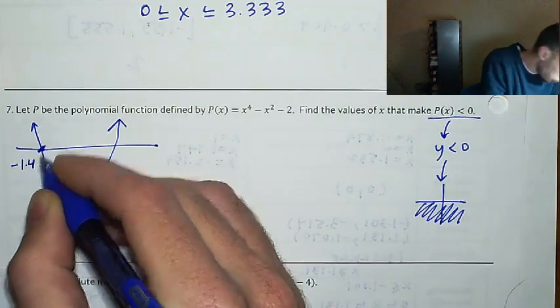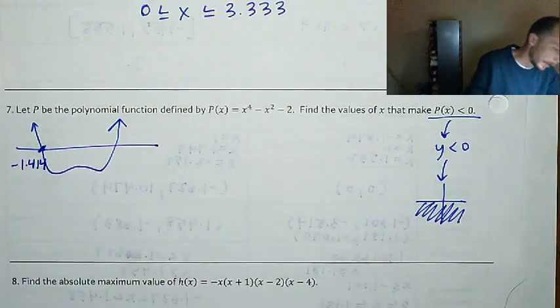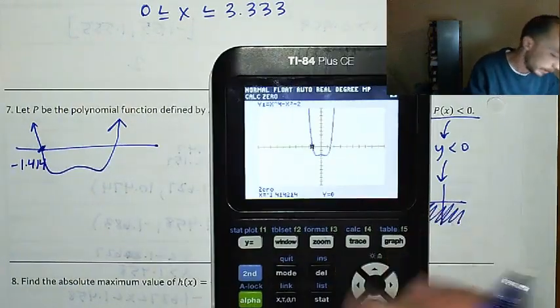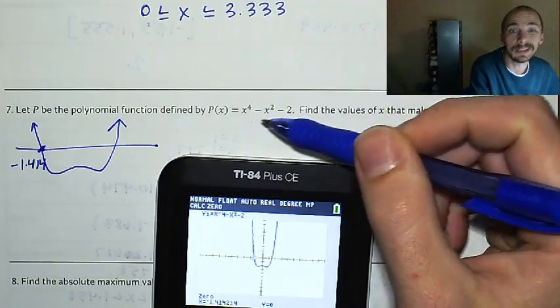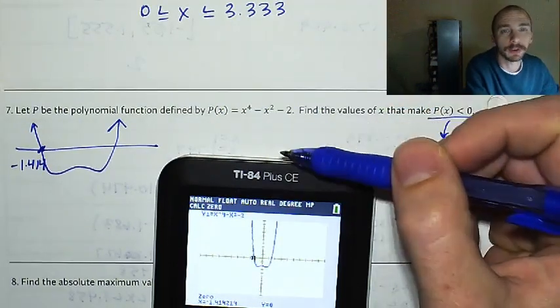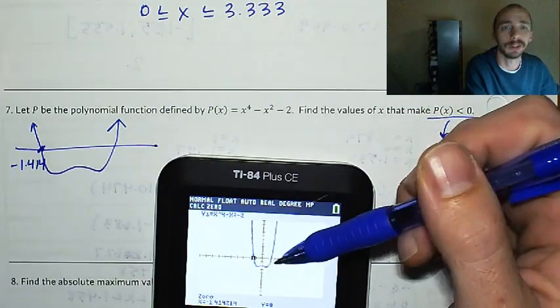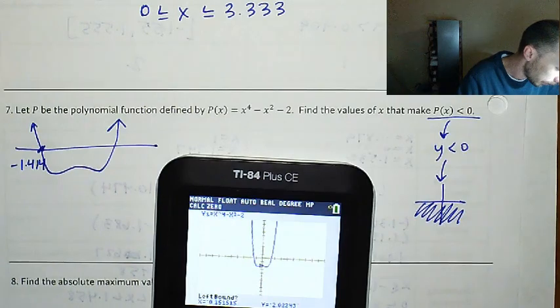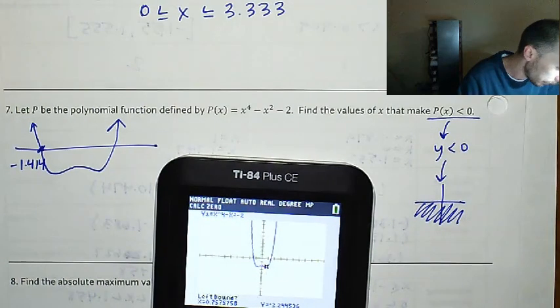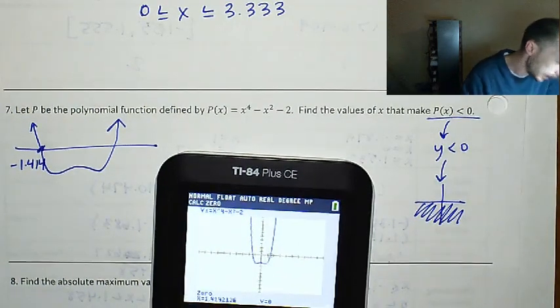And then I can tell because it's only even powers of x, this is going to be an even function. We haven't really talked about even and odd functions, but it has symmetry across the y-axis, so I know this is going to be the positive version of 1.414. Yeah, there we go.